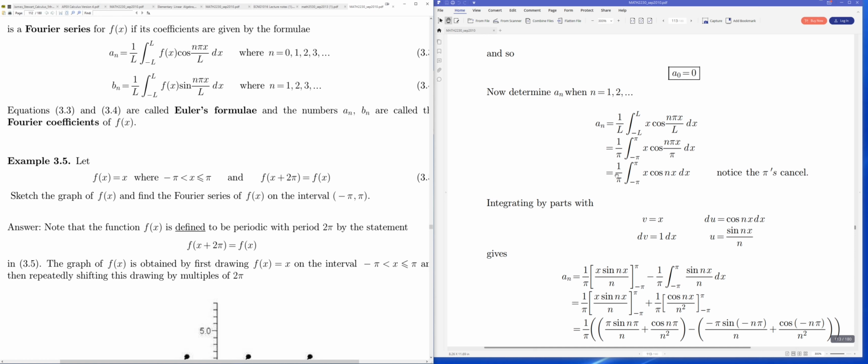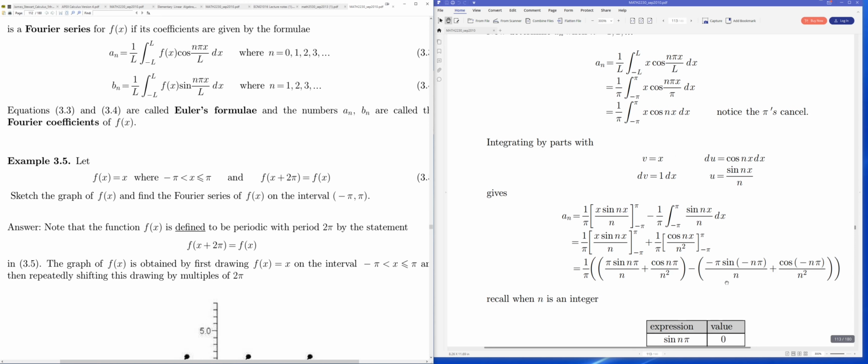Remember, I had this 1 on pi outside to start off with. And then the integral of u dv, so that's the integral of sine nx on n times 1. Again, I have that 1 on pi with the minus sign coming from the integration by parts formula, and I need to integrate this.